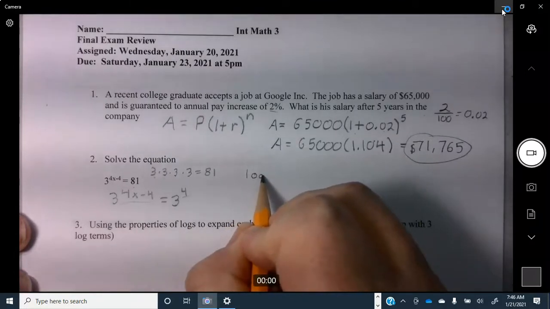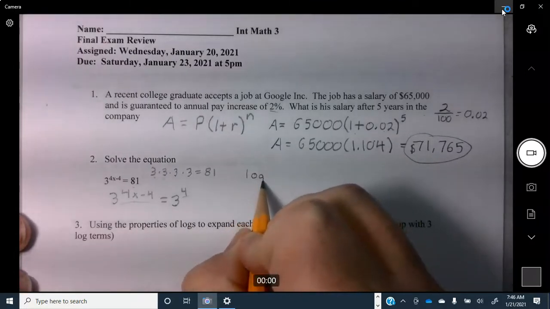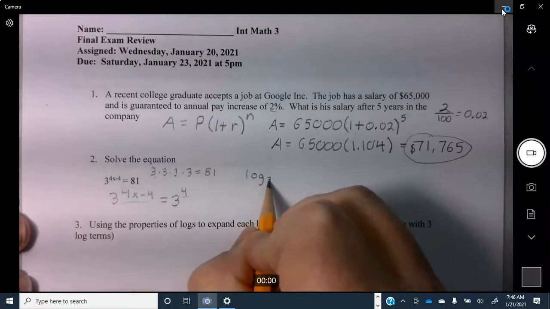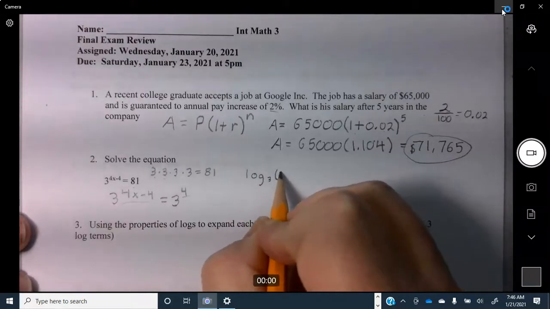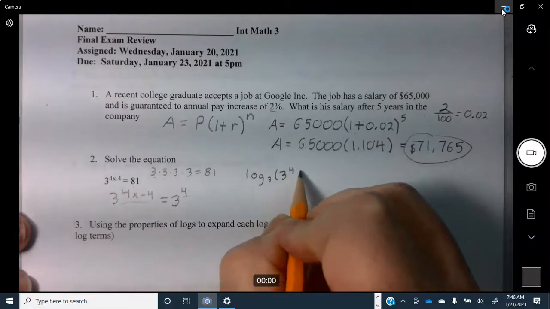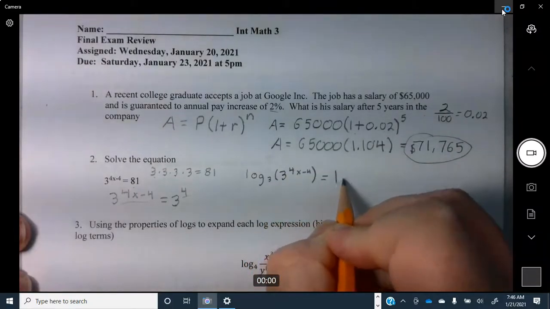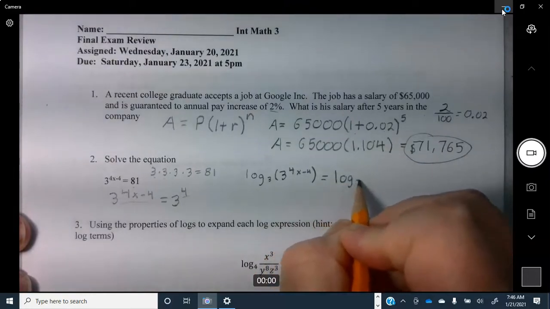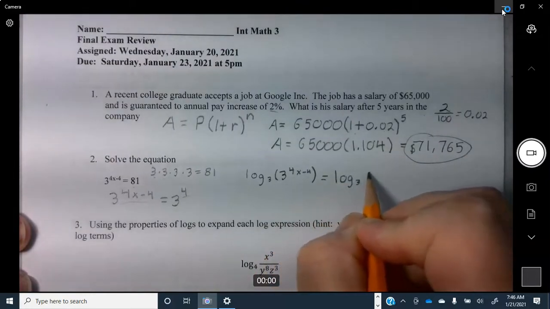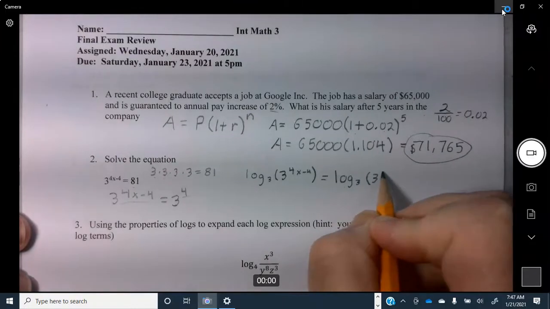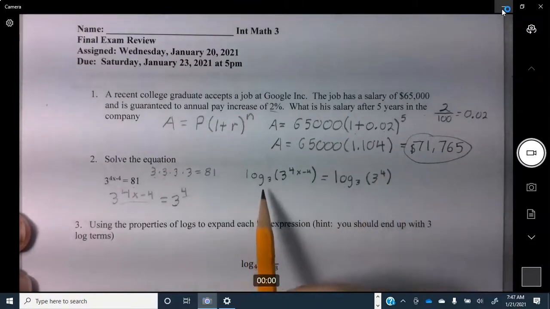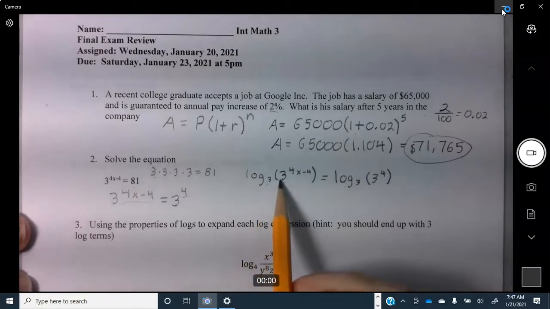You would say log base 3 of, okay, so you just realize that when you take a log base 3 of 3 raised to a power, they inverse each other.